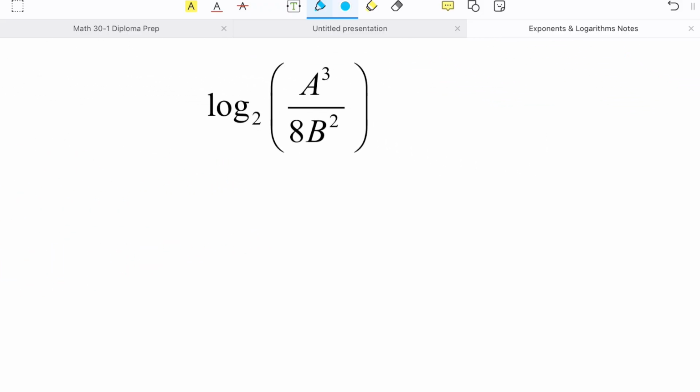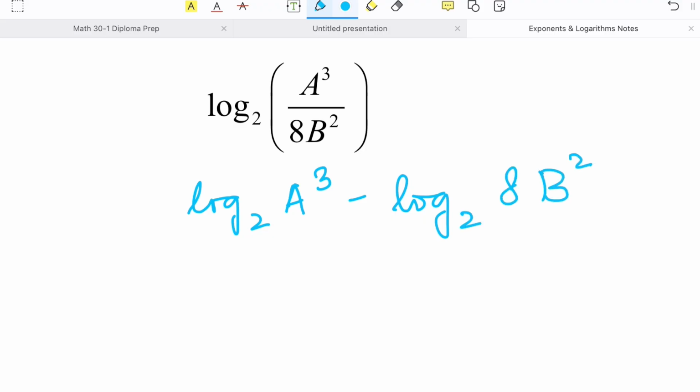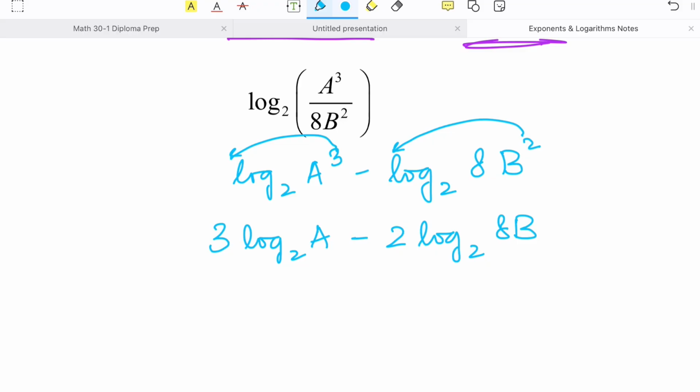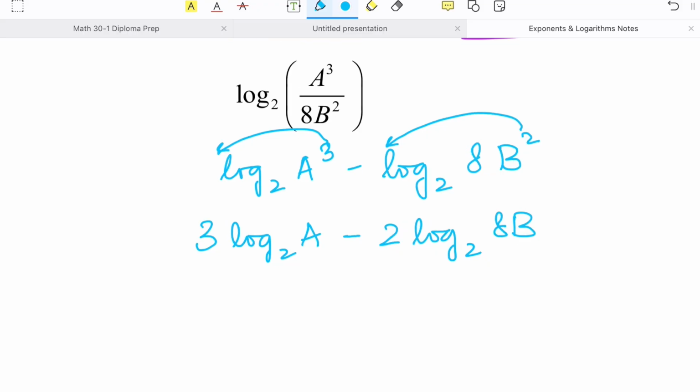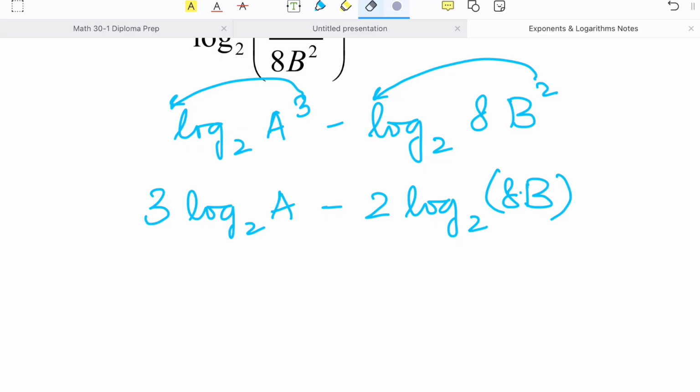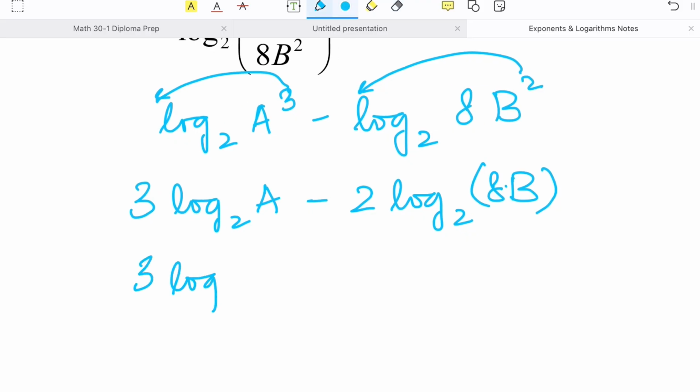Now, because we're dividing, log 2 a to the power of 3 minus log 2 8b to the power of 2. Bump that, we get 3 log 2 of a minus 2 log 2 of 8b. Now this thing is being multiplied, right? So what I could do potentially before or after this step is 3 log 2 a minus 2 log 2 8.